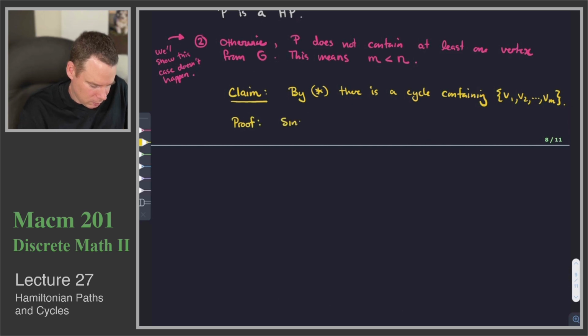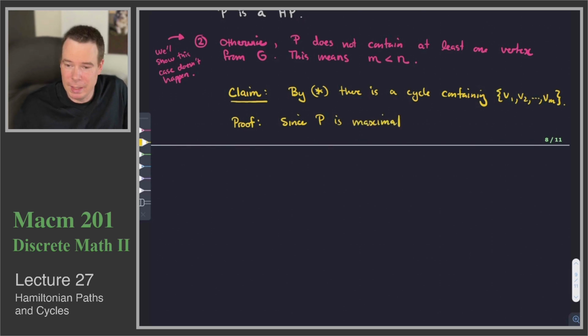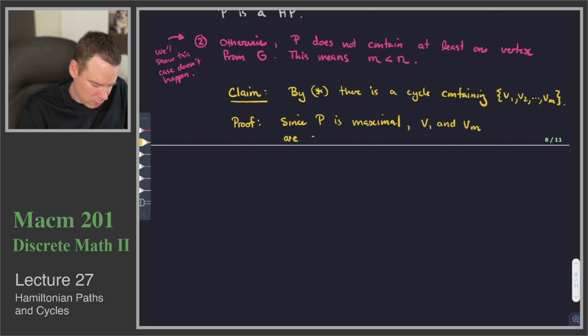Well, since P is maximal, we can't extend it any further to a longer path, then V1 and Vm, the starting vertex and the ending vertex for that path, are adjacent only to vertices on the path.